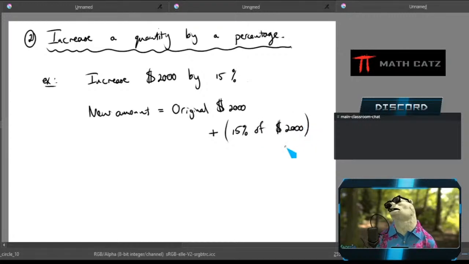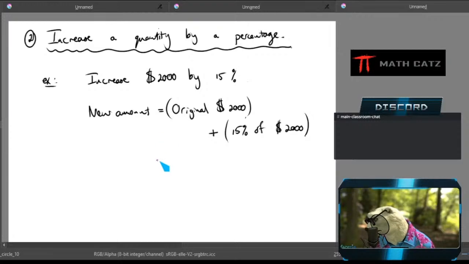So increasing means I have my original. It's not going to change. On top of that, I get 15%. How much do I have in the end? Well, of course, I have my original plus this increased amount.